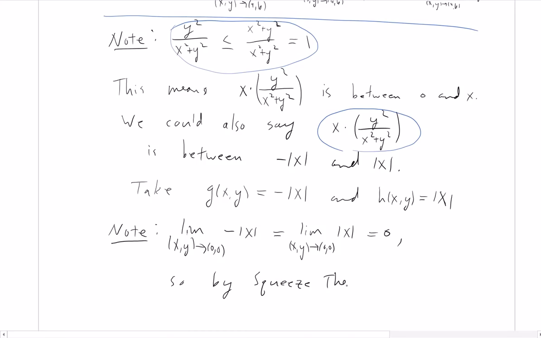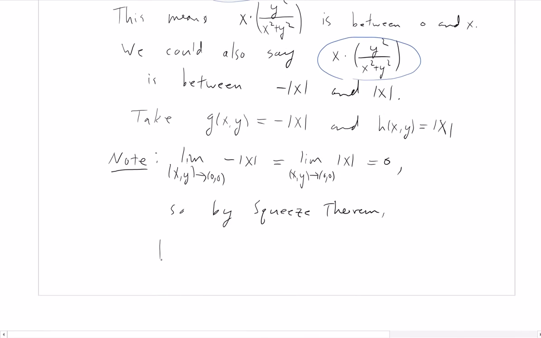By the squeeze theorem, the limit as x, y goes to 0, 0 of our original thing, because of the inequalities that we've come up with, is also 0.